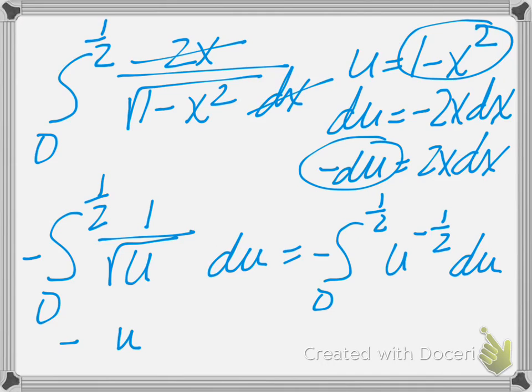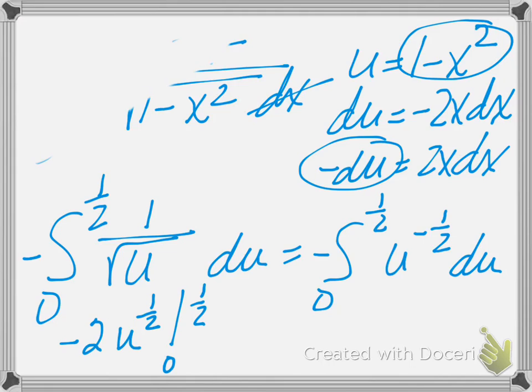A negative 1/2 plus 2/2 is 1/2, divided by 1/2, which is the same as multiplying by 2. As it goes from 0 to 1/2. But remember, we have to substitute back in for the u.